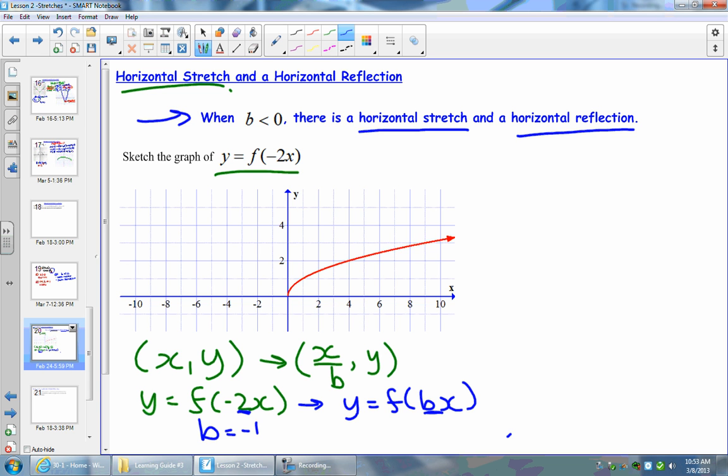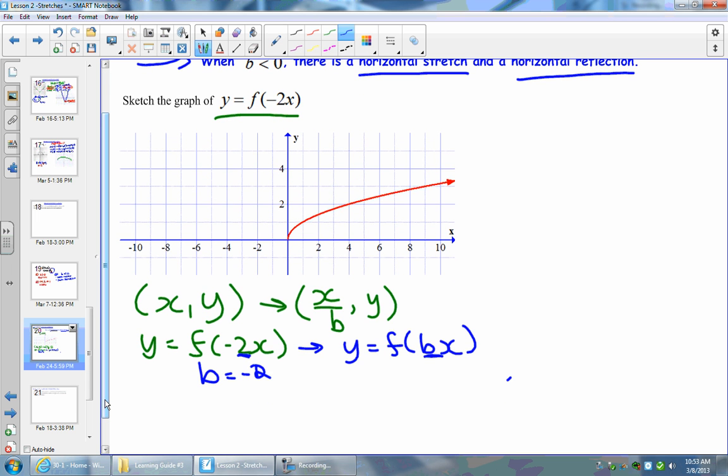Okay, negative 2. So what's happening in terms of my graph here? Well, we're going to have a stretch factor of 1 over 2. Okay, so the reciprocal of b, but that negative also creates a horizontal reflection. So we have a stretch factor of 1/2 horizontally and also a horizontal reflection.